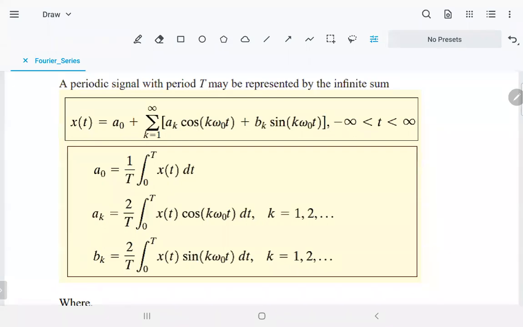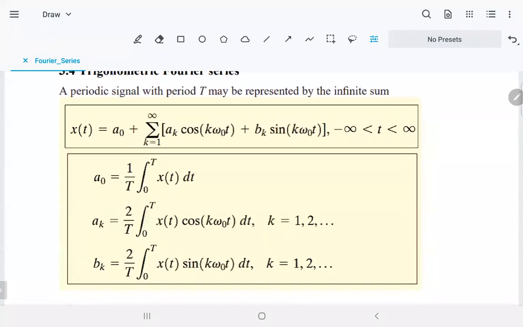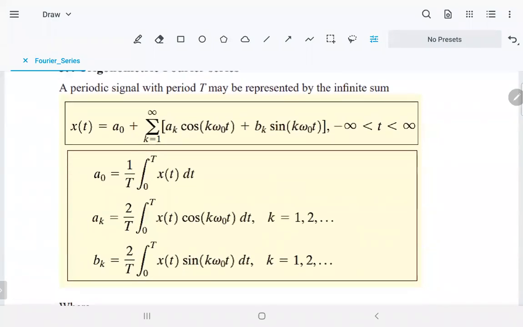How do you know the DC? There was an exercise where I asked you to find the average of the signal. I was preparing you for this: the average of the signal means the DC component. Let me explain why.